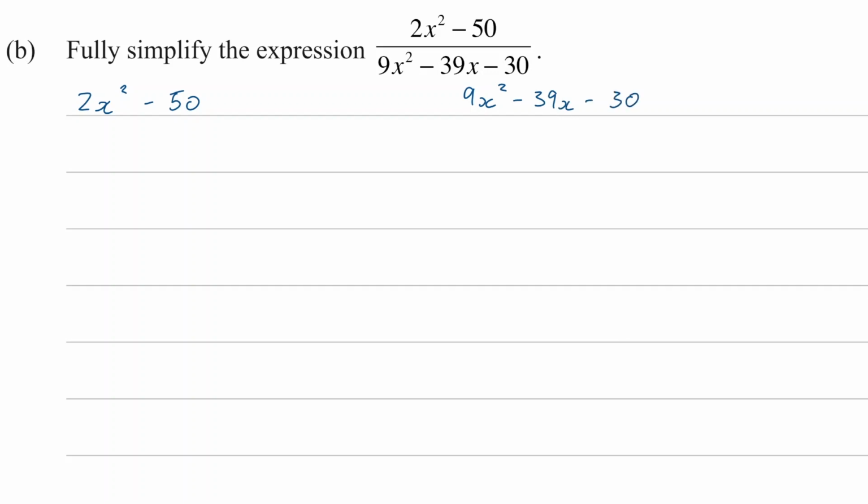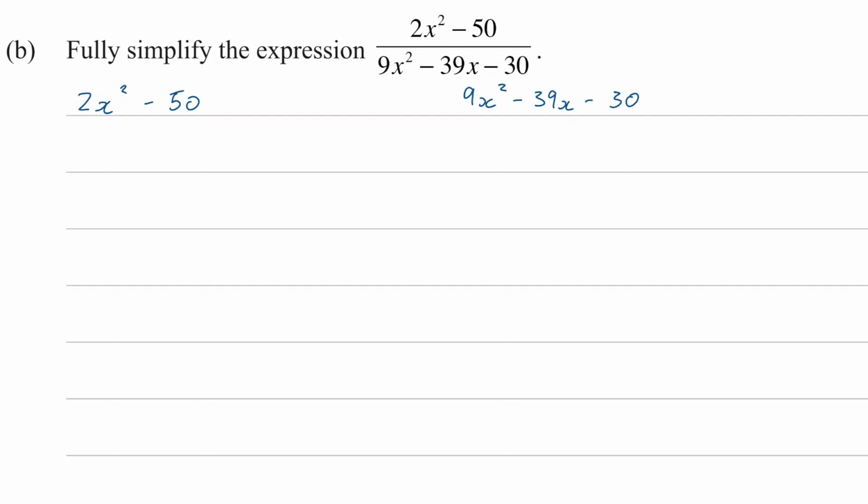All right, so I've split the problem up. We're going to factorize the numerator, then we'll factorize the denominator, and then we'll rejoin them towards the end. All right, so the numerator, 2x squared minus 50. To factorize this, I see the x squared has a coefficient, the number in front of it, which is 2.